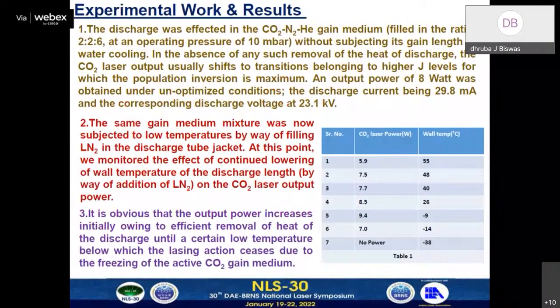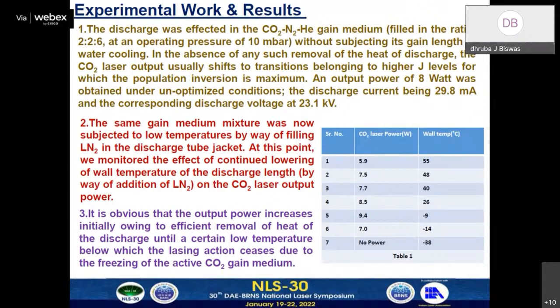In our experimental work, the discharge was effected in the CO2 gain medium, and the ratio of the gas medium CO2, helium and nitrogen is 2:6, operating at 10 millibar pressure. This same gain medium mixture was subjected to low temperature by filling liquid nitrogen in the discharge jacket.